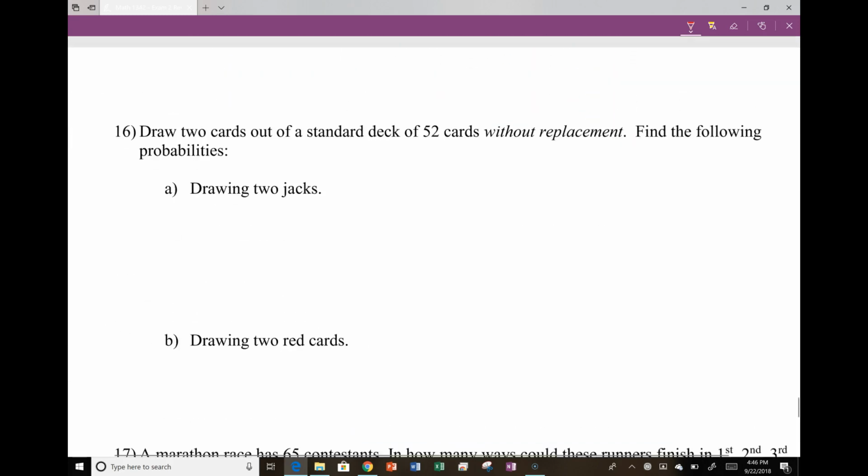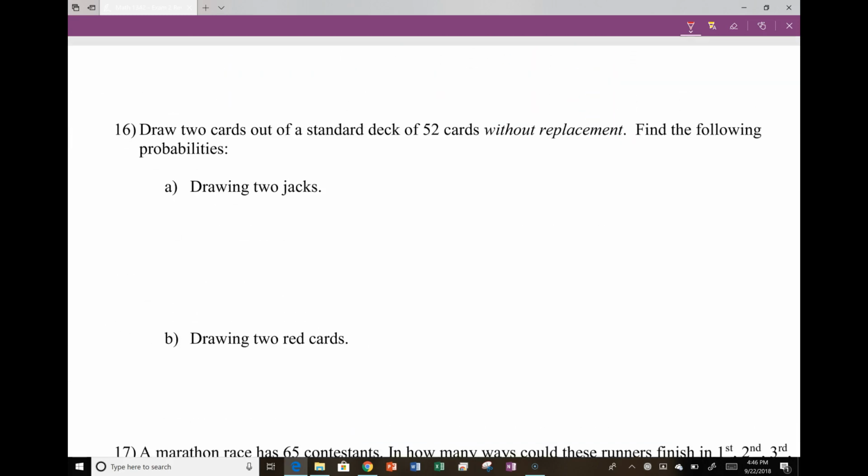Now in number 16, it says we want to draw 2 cards out of a standard deck without replacement. So we're drawing the first card, then we're drawing a second card. We want to find the probability of 2 jacks. What this is saying is I want the probability of a jack on the first and the probability of a jack on the second.